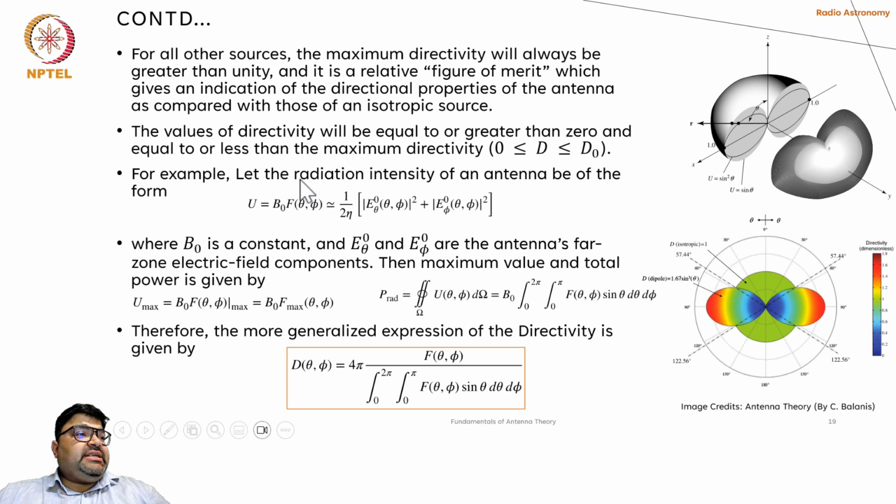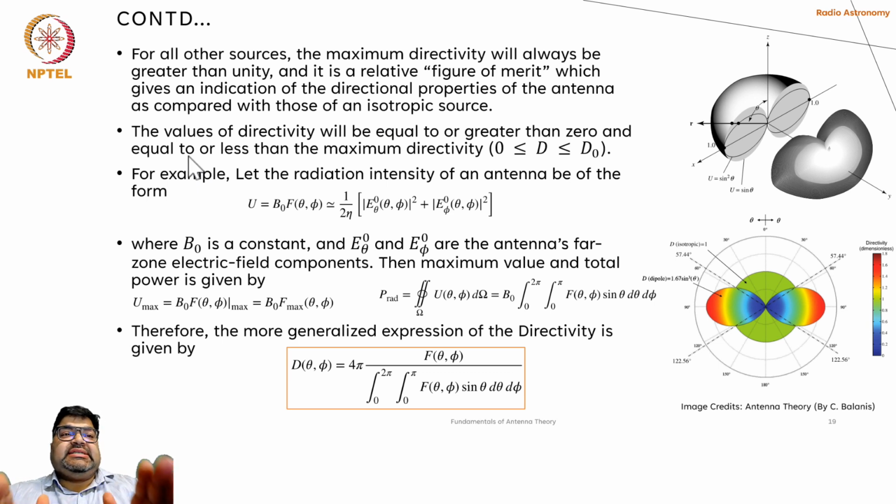For all other sources, the maximum directivity will always be greater than unity, and it is a relative figure of merit which gives an indication of the directional properties of the antenna as compared with those of an isotropic source. Directivity is important, as I said.